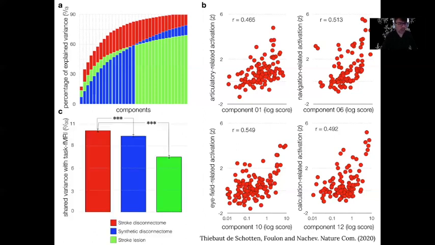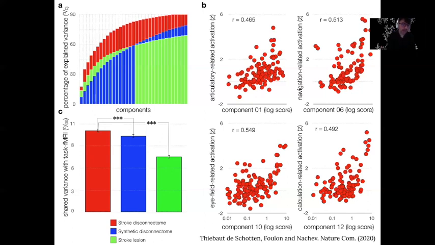We looked at the relationship between the different ingredients that make a lesion as a control, the different ingredients that make a synthetic disconnection with these lesions that are randomly distributed but match with stroke lesions, and we looked at the strength of the relationship with function for the real stroke disconnections.